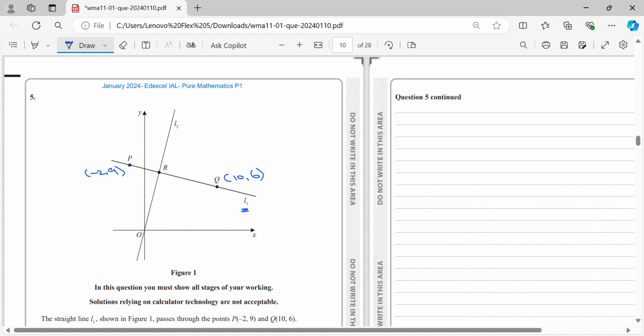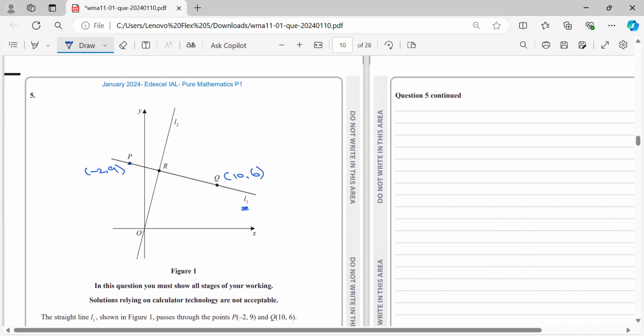Okay, let's get started. First find the gradient. P is (-2, 9) and Q is (10, 6).